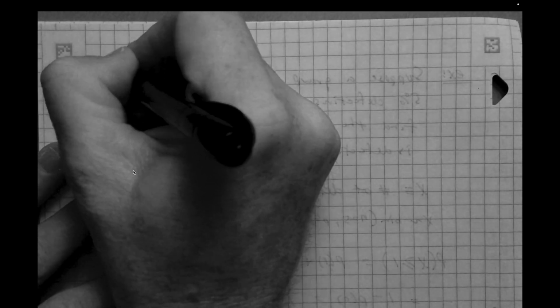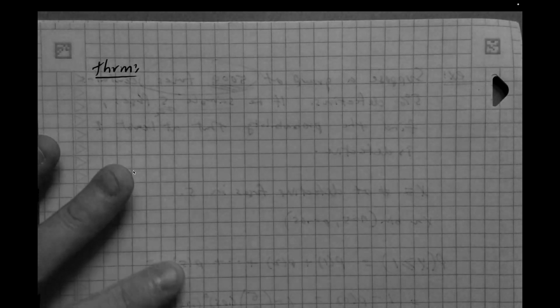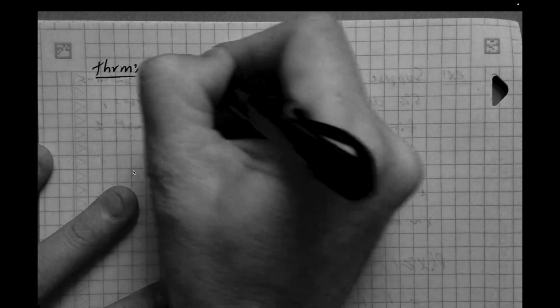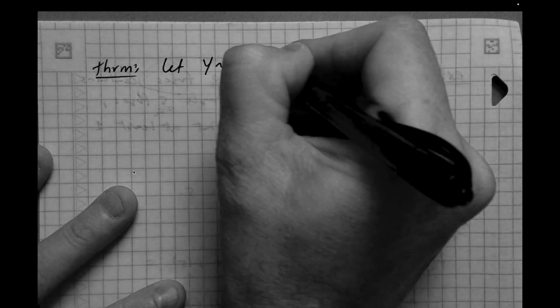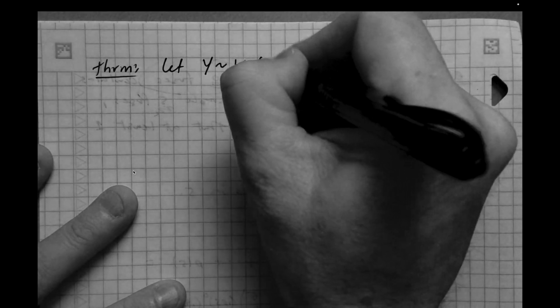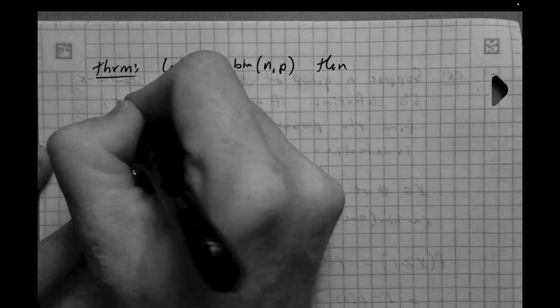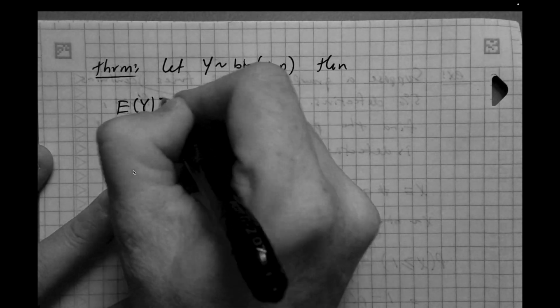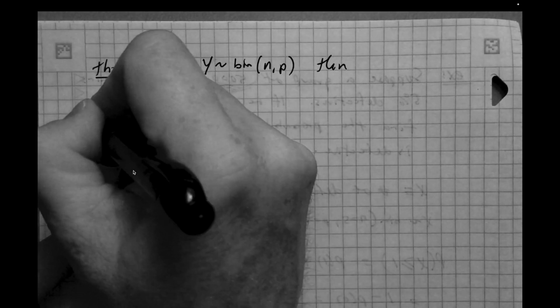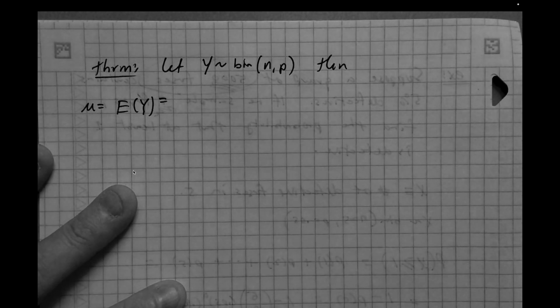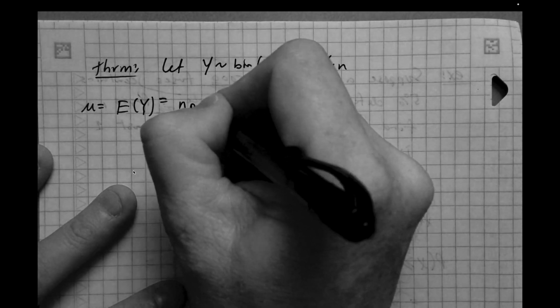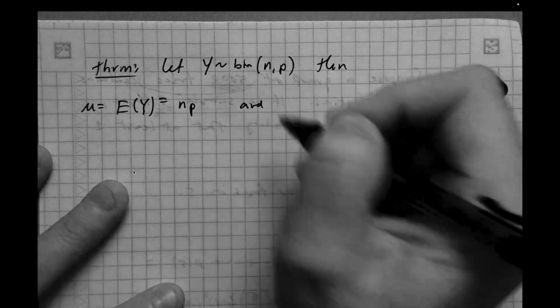So, theorem: if we let Y be a binomial(n, p) random variable, then the expected value of Y, which we'll call mu, is equal to n times p, nice and simple.